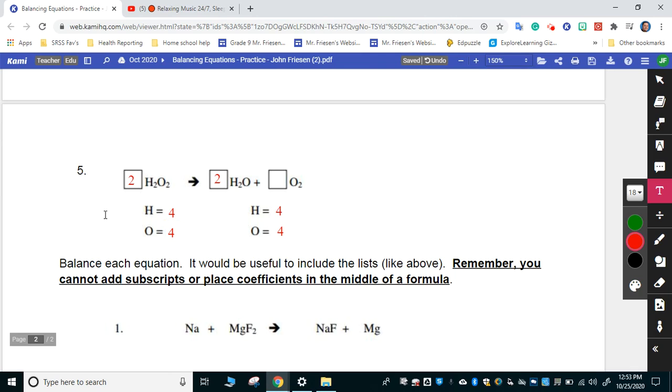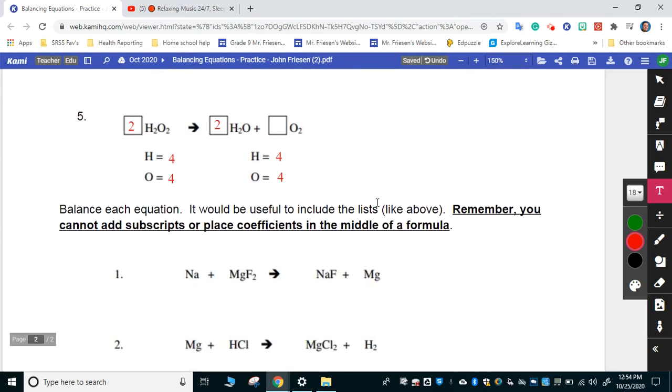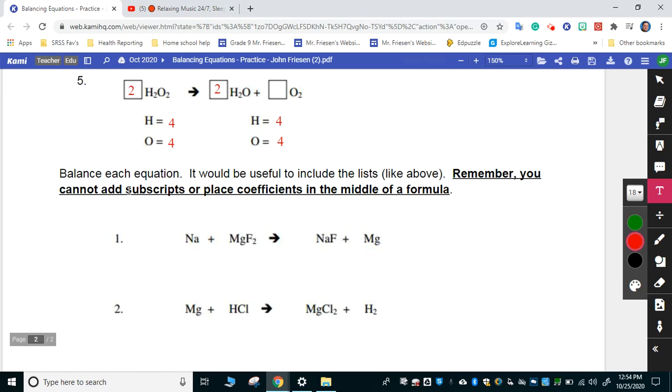Okay, so that's the beginning of the practice over here. I'm going to get you to go through the rest of this balance, and I'll have an answer key for you. But balance each one of these equations. It'd be useful to include the list above, each one of those steps to help you to remember. Remember that you cannot add subscripts or place coefficients in the middle of a formula.